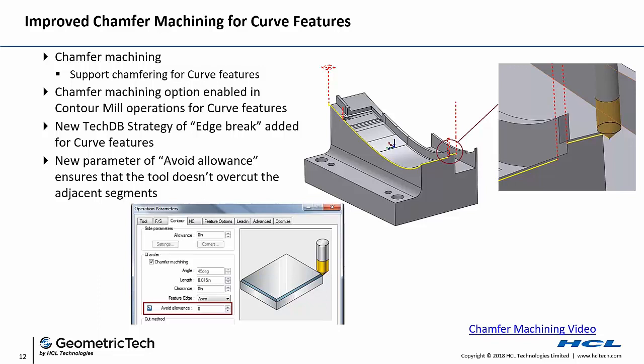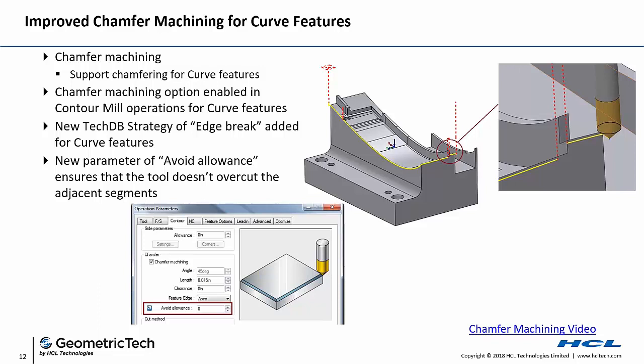And part of this new enhancement is the ability to have an avoid allowance or distance from a vertical wall, for example, to stay away from a vertical edge. So you can also specify the avoid allowance as well.